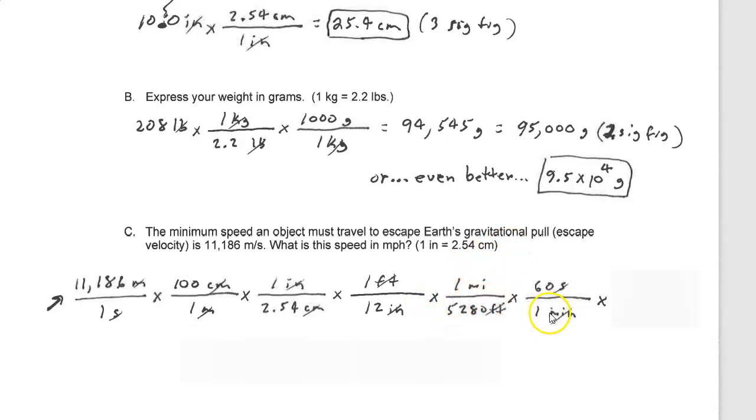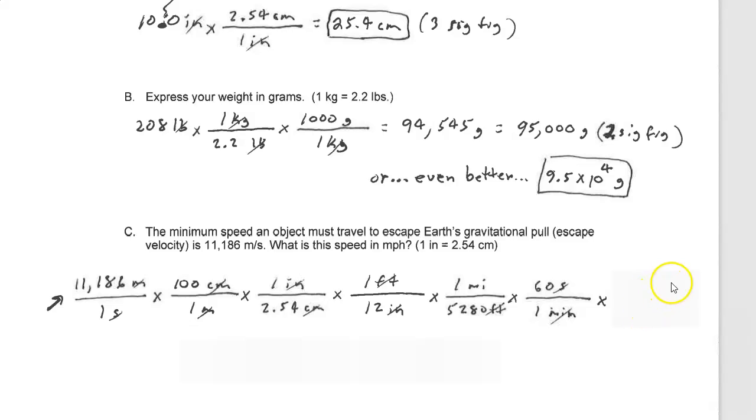We got miles per minute, but we want miles per hour. So do I know a direct relationship between minutes and hours? Yes, I do. I know there are 60 minutes in an hour. So 1 hour is equal to 60 minutes. 60 minutes is equal to 1 hour. So what goes on top, what goes on bottom?